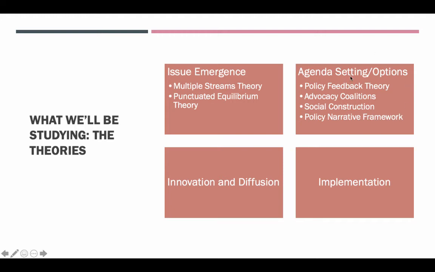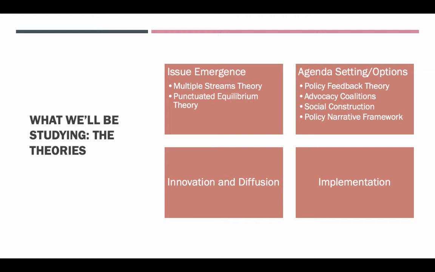The next bucket is how the agenda is set, or how the alternatives or options are aligned. We'll be looking at policy feedback theory, advocacy coalitions, social construction, and the policy narrative framework to think about the ways in which the policy problem is dealt with at the beginning stages.